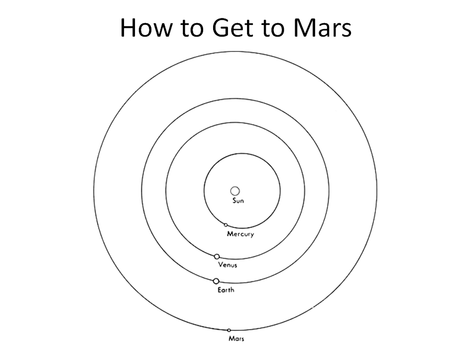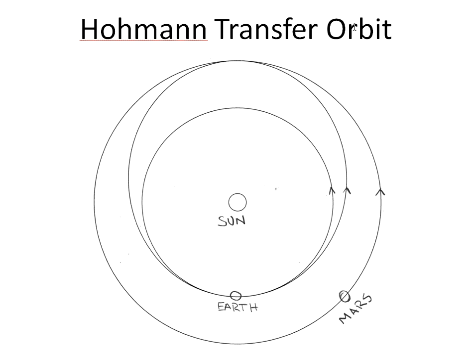What we do is we use this thing called a Hohmann transfer orbit, and this was discovered almost 100 years ago. You'll think about this strategy in terms of going from Earth to Mars, but you can use it to go from any planet to any other planet in our solar system.